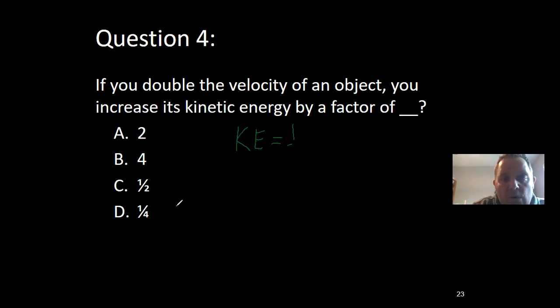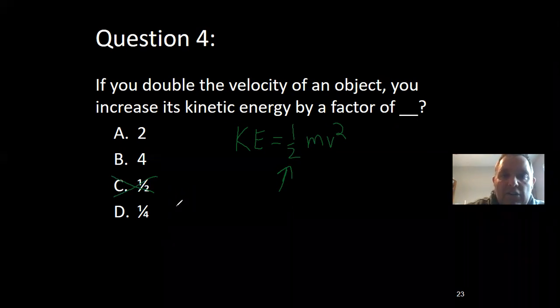And this equals 1/2 mass times velocity squared. Now, maybe quickly looking at it, we're thinking, oh, we've got this 1/2 here, but that really doesn't affect our velocity. So 1/2 we can cross out. And 1/4, maybe we can keep that and look at that just for a second.